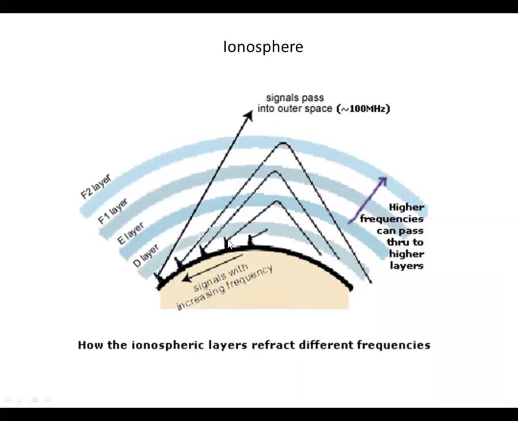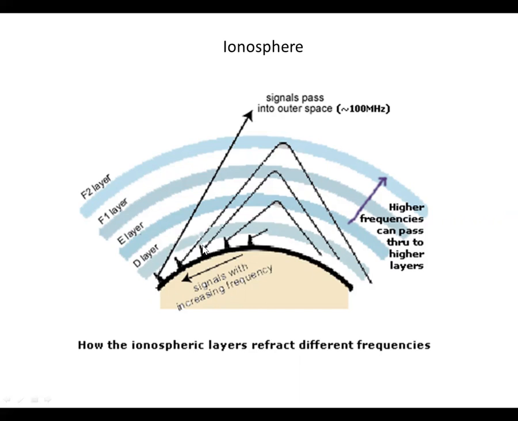This is called the skip. And generally, when the sky waves skip like this, you won't be able to receive the signal here, but a station here on the Earth will be able to receive it. So they're dead bands.